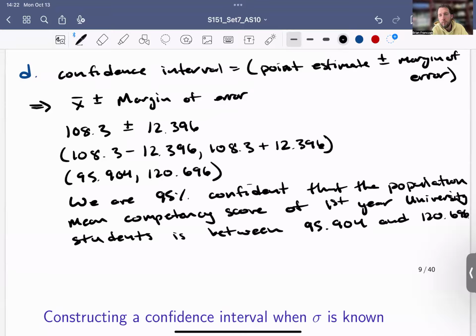Okay. So that's an example of how the phrasing of the interpretation will be done.